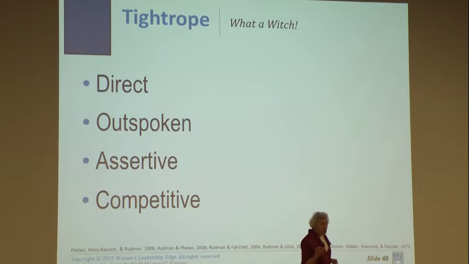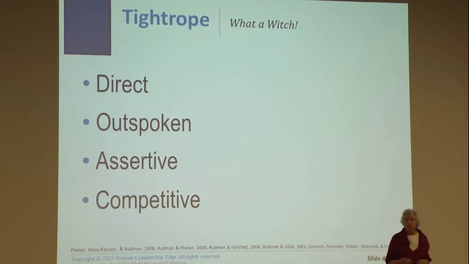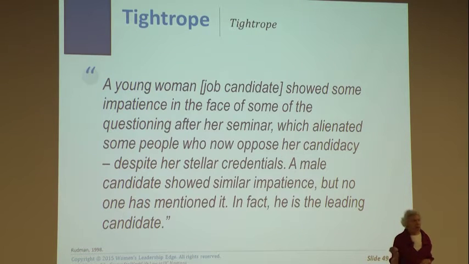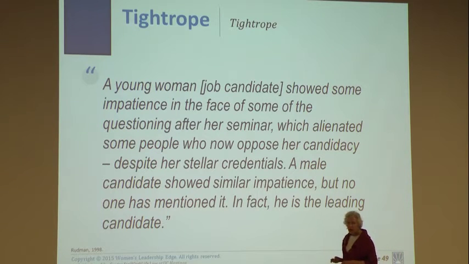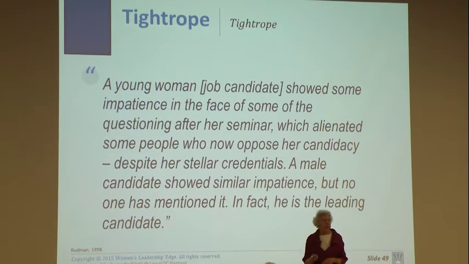So if women are these adjectives and they're associated with masculinity, often they're seen as having personality problems. Here's an example in a STEM environment. A young woman job candidate showed some impatience in the face of some questioning after her seminar, which alienated some people who oppose her now, despite her stellar credentials.